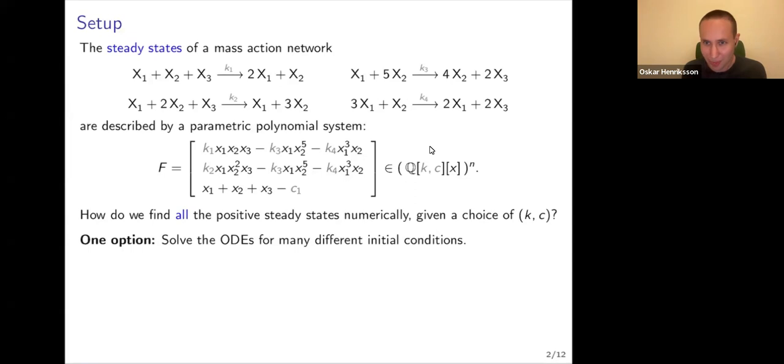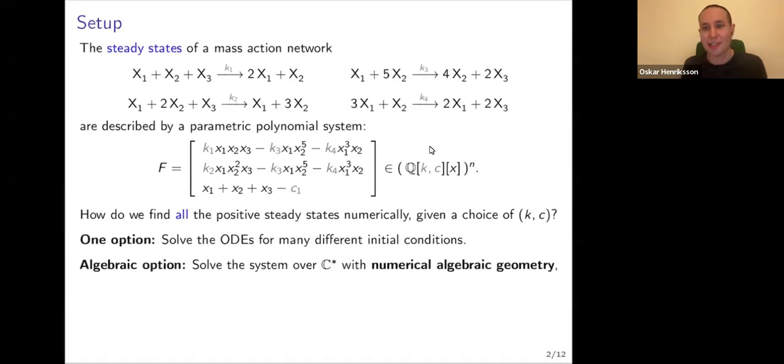So another option, maybe the more algebraic option that I will try to sell you today, is to take a detour via the complex numbers and try to solve the system over the non-zero complex numbers with a tool called numerical algebraic geometry that I really enjoy working with. And in addition to this, you can then certify that you have found all solutions.